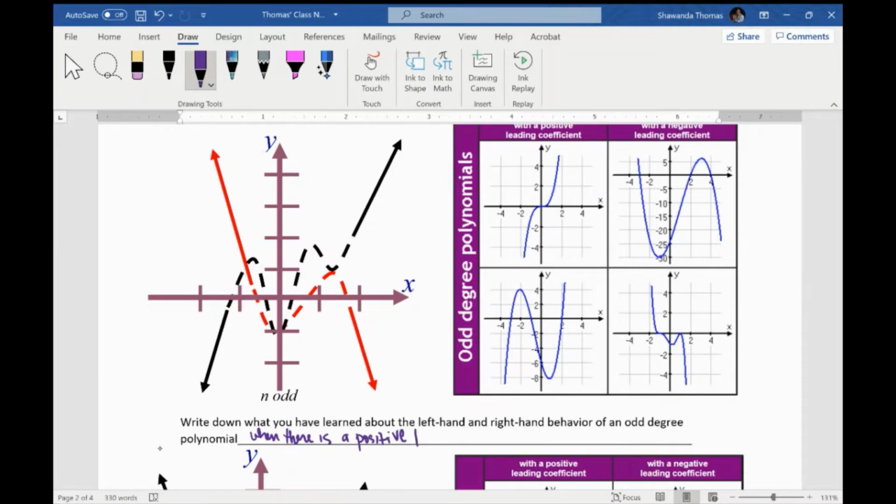With a positive leading coefficient, it will rise on which side? The right. Very good, and fall on the left.